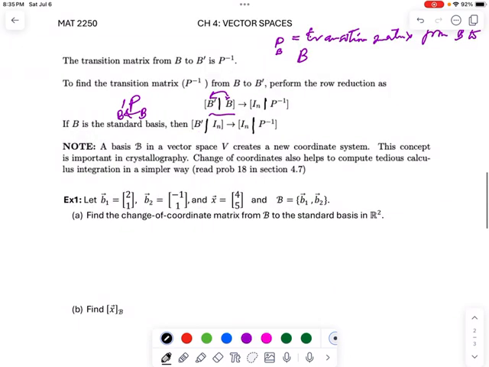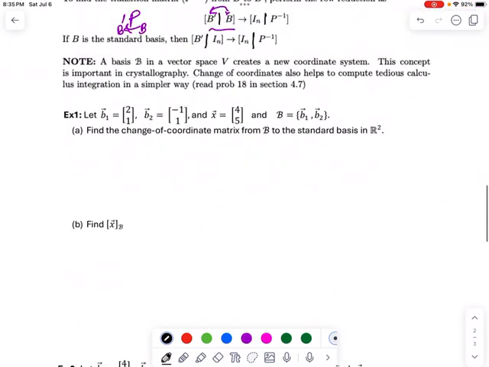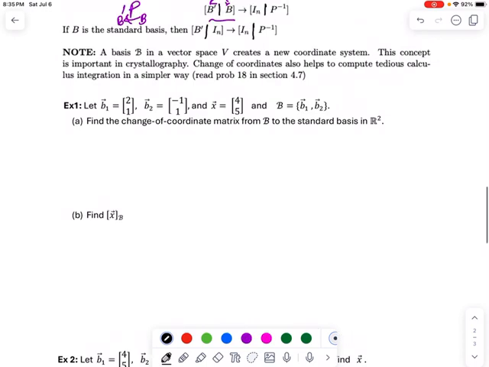First one: we are given B1, B2, and we are given an X vector. Now note here, when you see B1 is equal to 2, 1, it means this is in the standard basis.